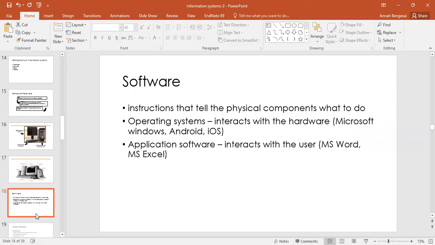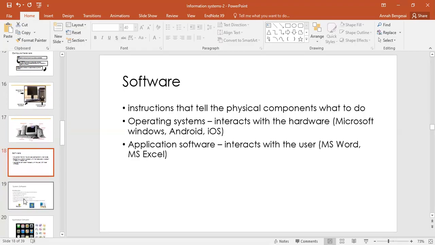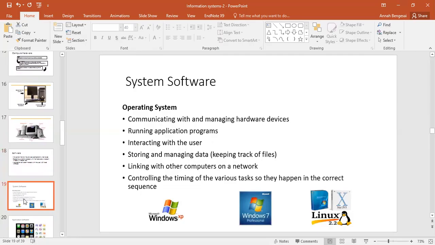And then we have application software, which is the software which interacts with the user, like your MS Word on your computer, your WhatsApp, and so on. These are some of the examples of system software: your Windows, the different versions of Windows, Linux.